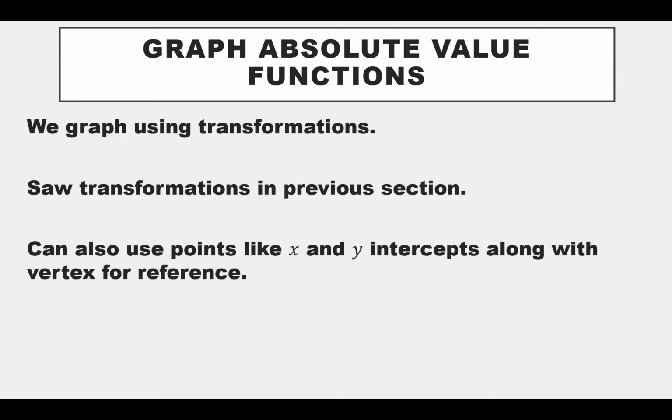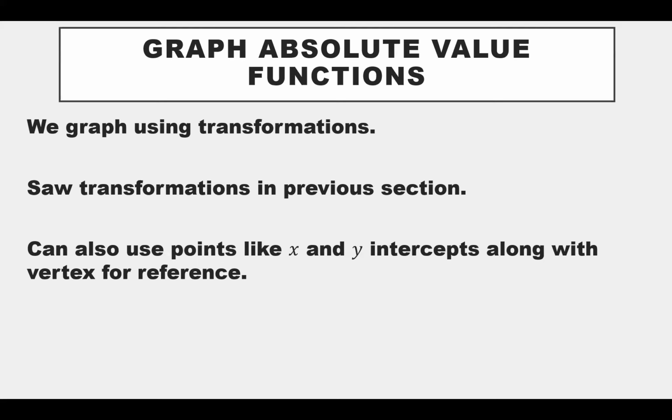And most of the time when we graph the absolute value functions, we use transformations. But you can also plot points and those key points like the x and y intercepts along with the vertex for reference as well. So if I had to graph by hand, I can use transformations like we saw in a previous section, and we can use some key points like the x and y intercepts along with the vertex.